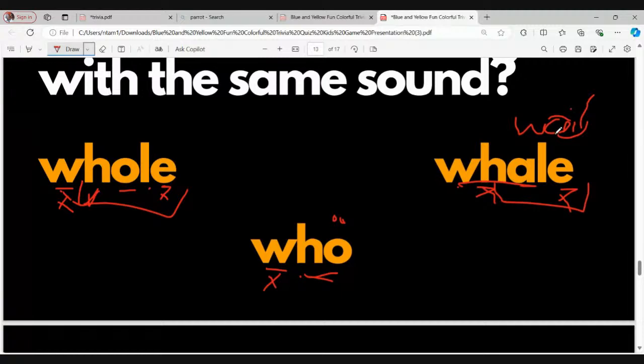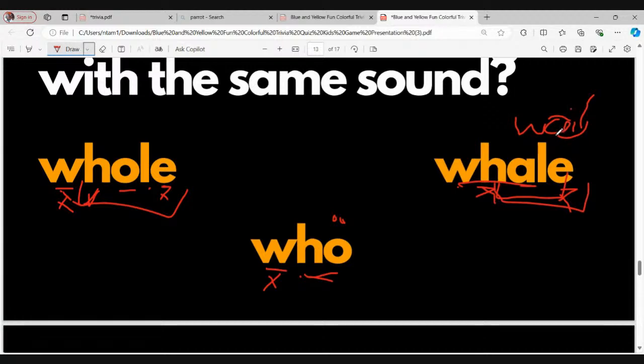And why would they want to make a loud sound? Maybe it's a pain, maybe it's trouble, or maybe they're being afflicted, any of those. So that's how you can know the difference between these two words. Whale, as in the animal, look for hale, as in inhale, and wail, as in wail when you make a loud cry.